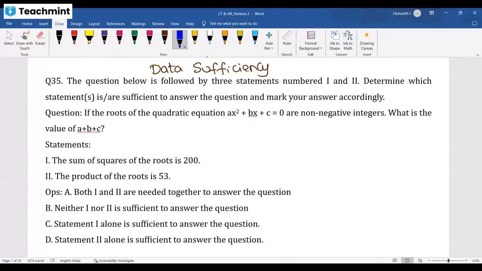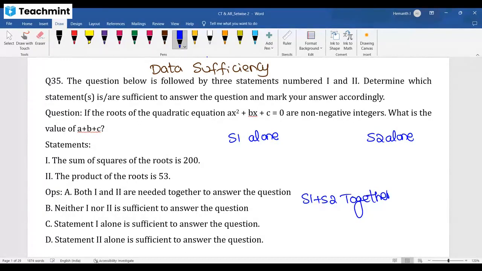Now here, if you see ax square plus bx plus c equal to 0, you want to find the value of a plus b plus c. Check whether statement 1 alone is possible or not, and statement 2 alone is possible or not. If not possible alone, don't go for together directly; you have to try alone first, then go for together.